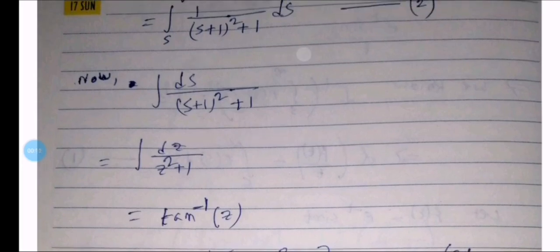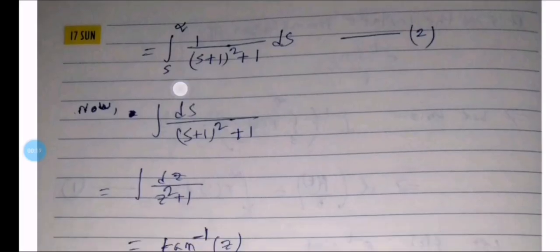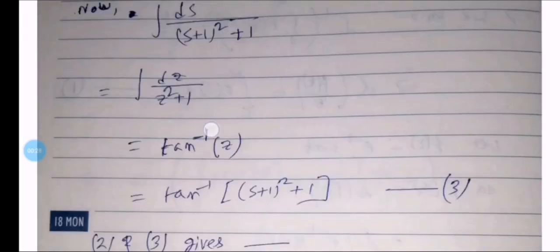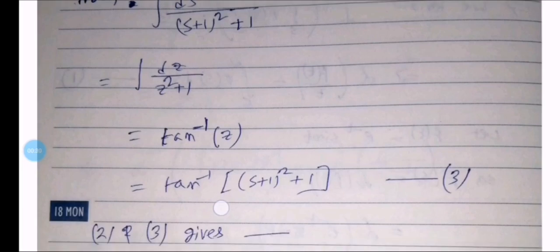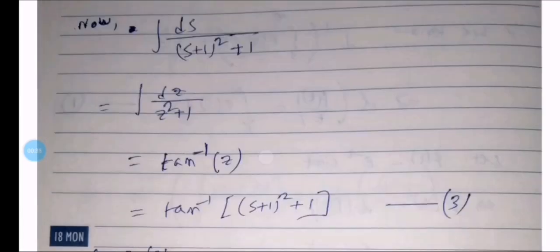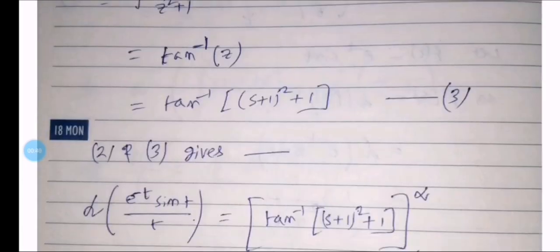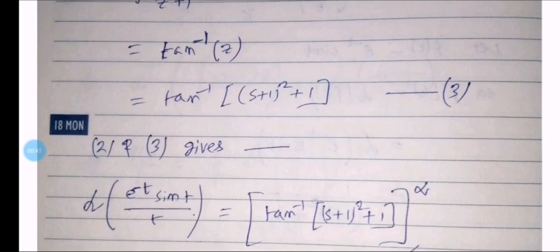First I am taking only the integral term, not the limits. If we put s plus 1 equal to z, then ds equals dz. So dz by z square plus 1, whose integration we can write as tan inverse z. Putting back the value of z, which is s plus 1, we get tan inverse of s plus 1.